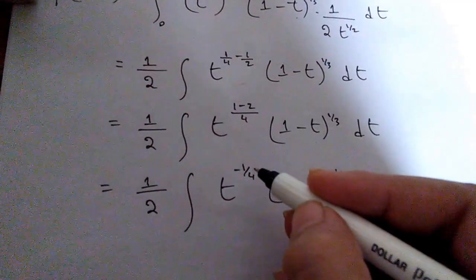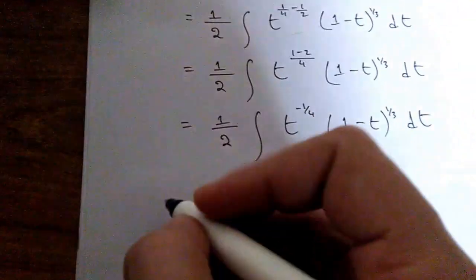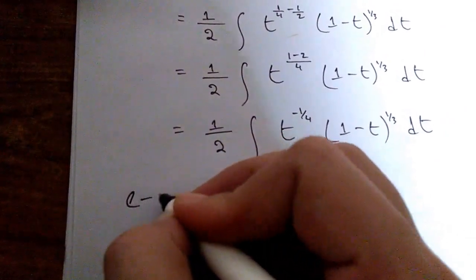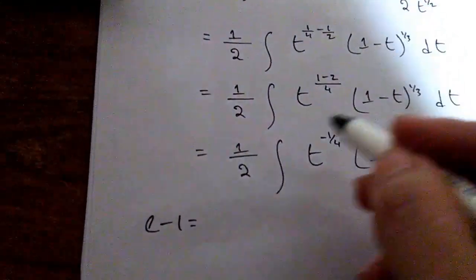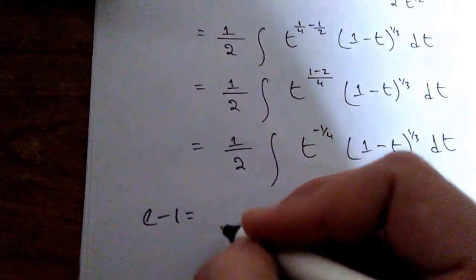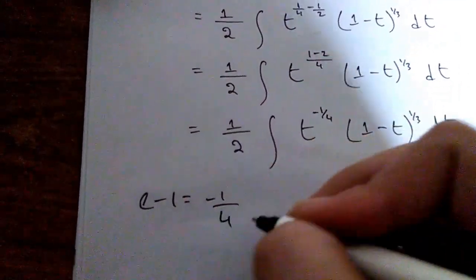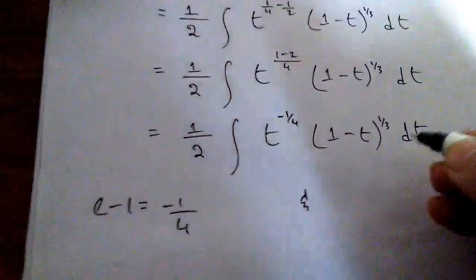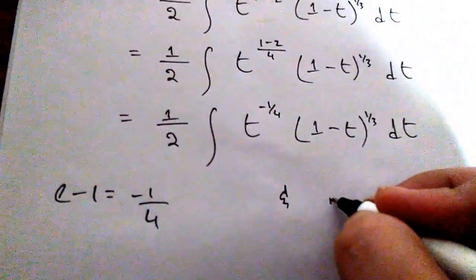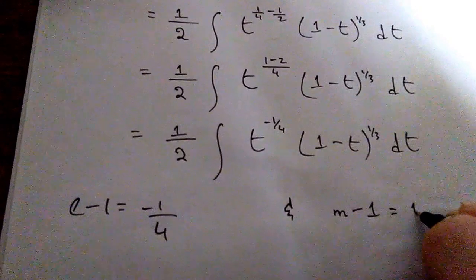So you can see that your L minus 1 is minus 1 by 4. Once you compare this integrand with your formula integrand of beta integral, you come to know that L minus 1 is minus 1 by 4, and your M minus 1 is 1 by 3.